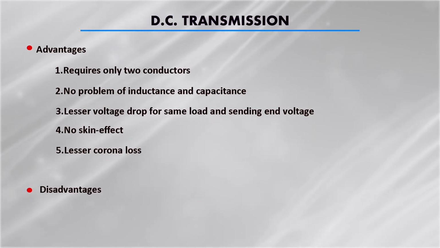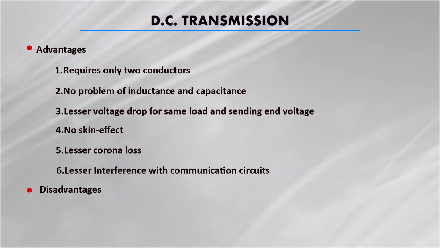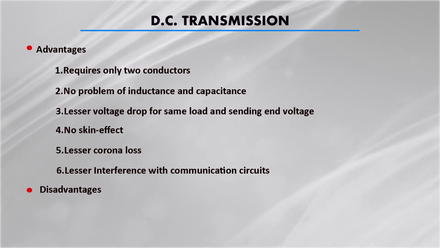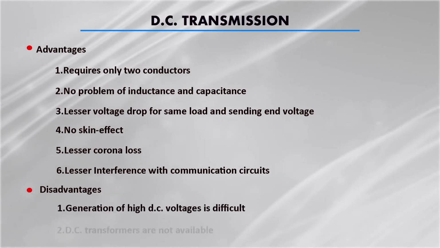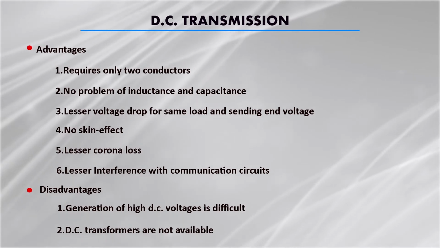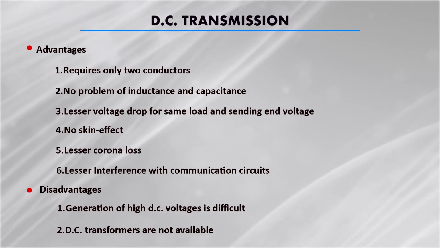Corona loss is also lower, and there is lesser interference with communication circuits. The disadvantage is that generation at high DC voltages is difficult, and the second major disadvantage is that we cannot use transformers; that means DC transformers are not available.